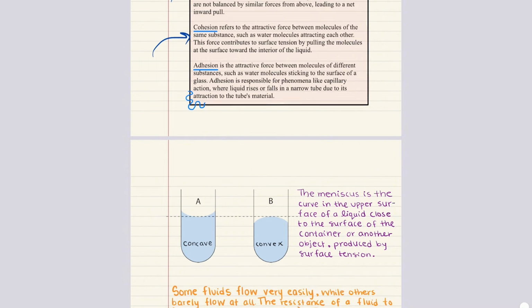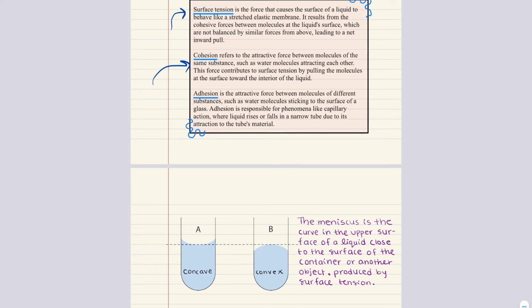Cohesion refers to the attractive forces between molecules of the same substance. So in liquids, these are the forces that hold molecules together, like hydrogen bonds in water. Cohesion is responsible for the surface tension of liquids as well, and it contributes to the rounded shape of liquid droplets that we just talked about.